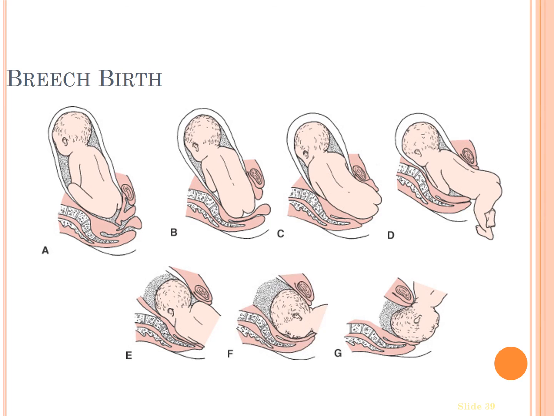This is a picture of a breech birth, and so you can see how they can be delivered, but you can see how much difficulty it can be because, again, the butt is much softer than the scalp or the skull of the head, and so it's not putting as much pressure on the cervix, but it can. They can still dilate and they can still deliver, if they're not too big.